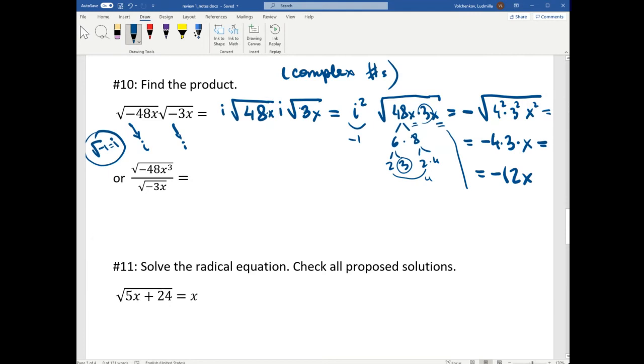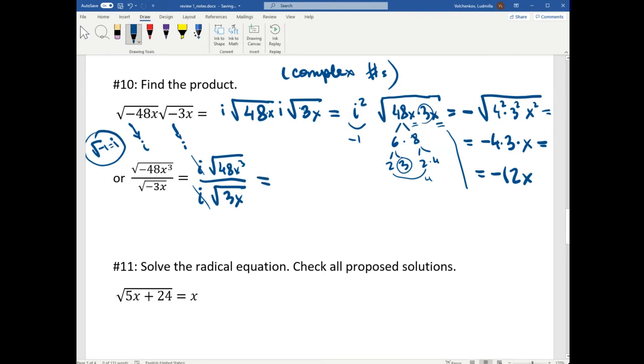Here also we first rewrite the expressions in terms of i, replacing the square root of -1 with i: i times the square root of 48x cubed divided by i times the square root of 3x. We can cancel out i by dividing by it.